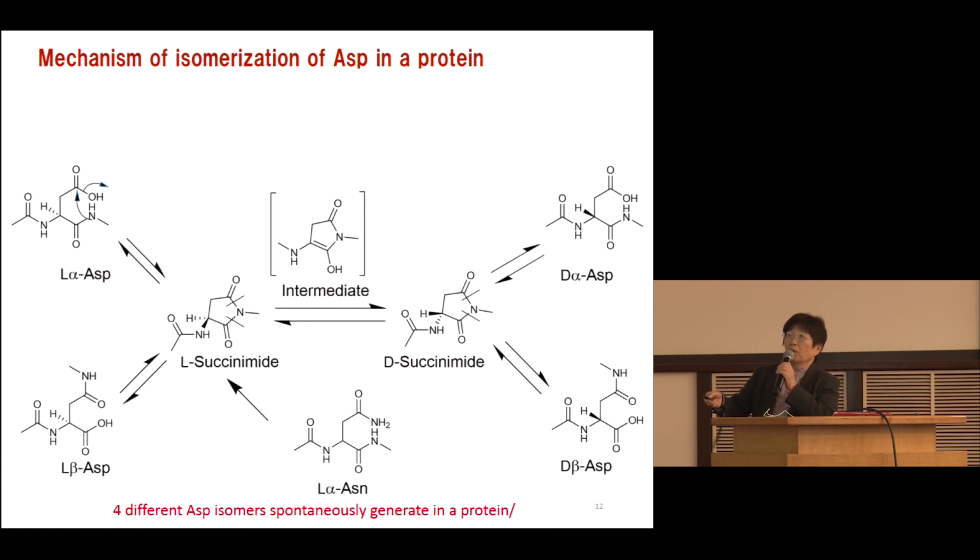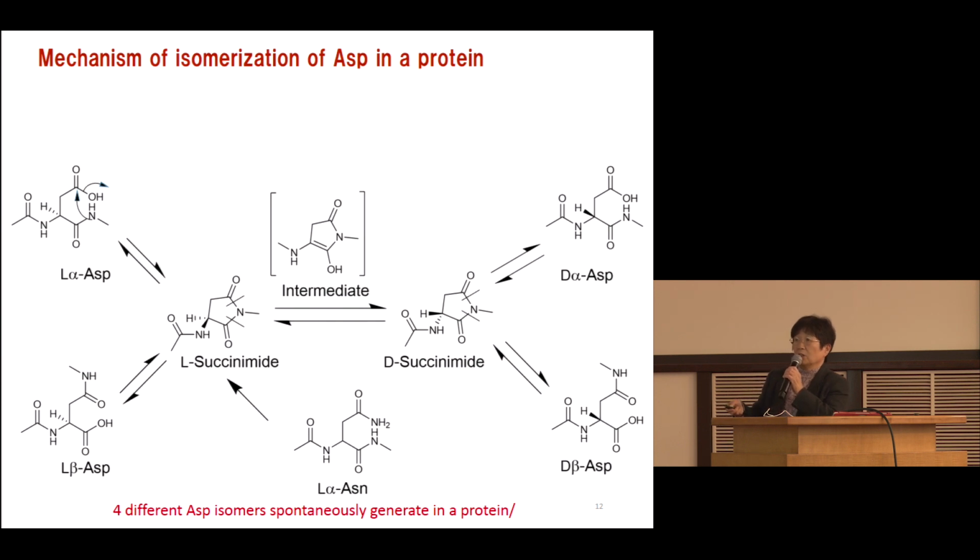Here is the normal L-alpha aspartic acid. When the nitrogen of the next amino acid attacks this carbonyl group, L-succinimide is generated by intramolecular cyclization.